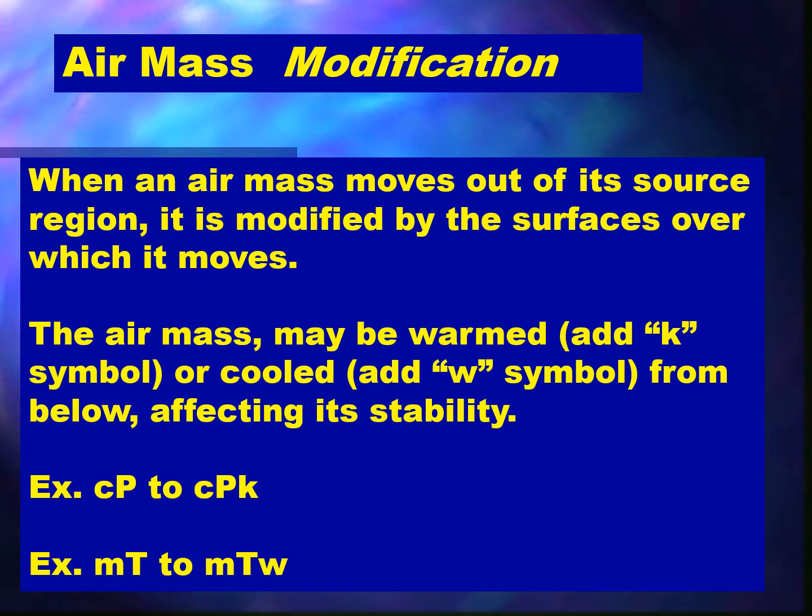So if it's warmed from below, you're going to add a K. If it's cooled from below, you're going to add a W, not a K. Why? Because if it's cooled from below, then it's warmer than what it passed over. Okay, so an example, continental polar, CP, becomes CPK. The K means it's warmed from below. Okay, another example, maritime tropical, MT, is modified to MTW, which means that it was cooled from below.